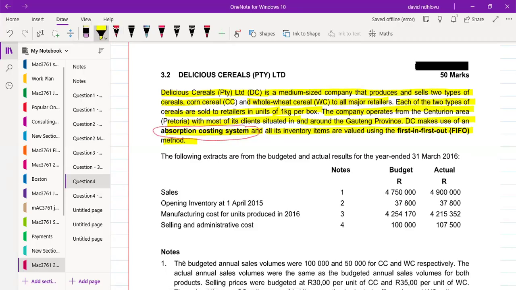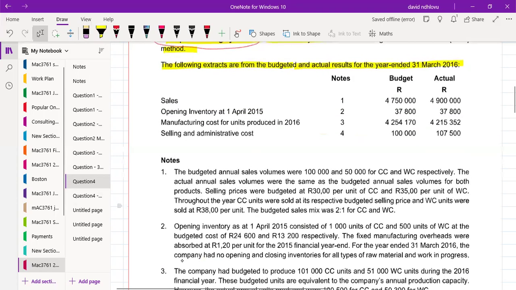Right, then they say the following extracts are from the budgeted and actual results for the year ended 31 March of the year 2016. So we have the actual information, we have the budget. We want specifically for the budget. Right, in terms of sales, you must refer to note number 1. The budgeted annual sales volume were 100,000 and 50,000 for the CC and WC respectively.